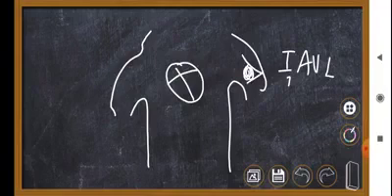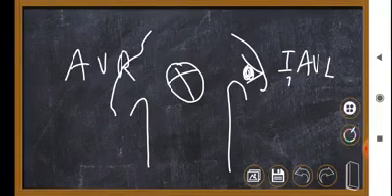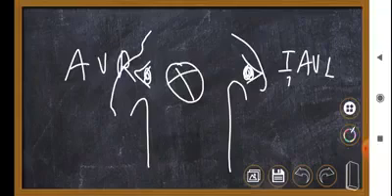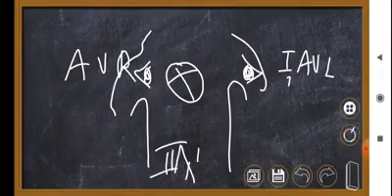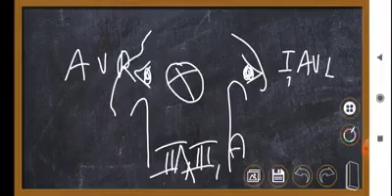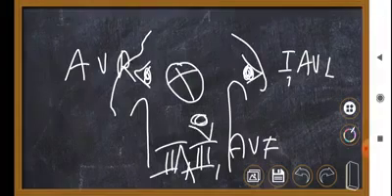This eye corresponds to lead 1 and lead AVL, and lead AVR looks at the heart from this side. Similarly, lead 2, lead 3 and AVF look at the heart from this side, from below.